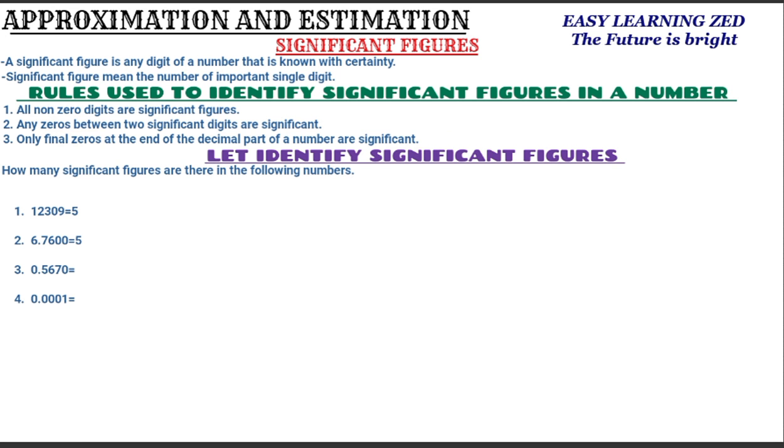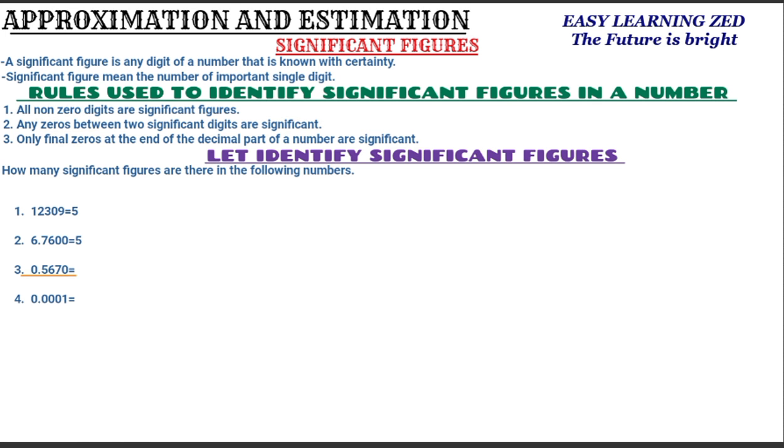Then it doesn't end there. We can also combine the third rule, which is only final zeros at the end of the decimal part of the number are significant figures. So when we look at that, the 0 at the beginning is not a significant figure, and the 0 at the end is a significant figure.